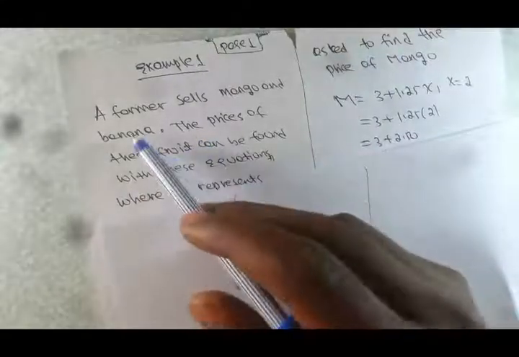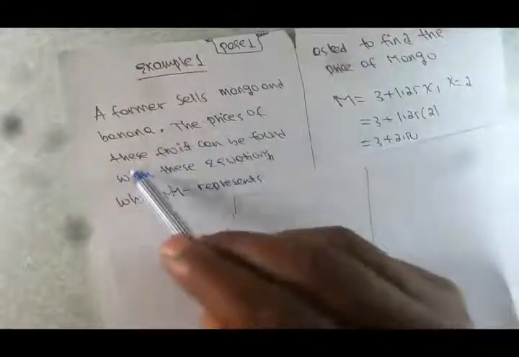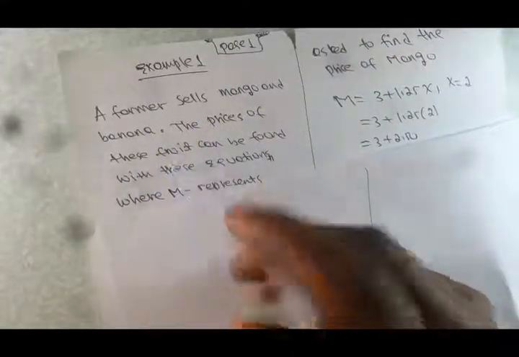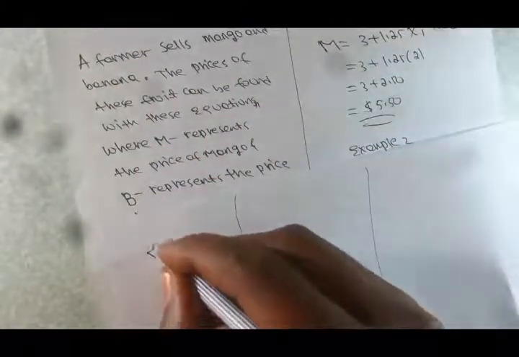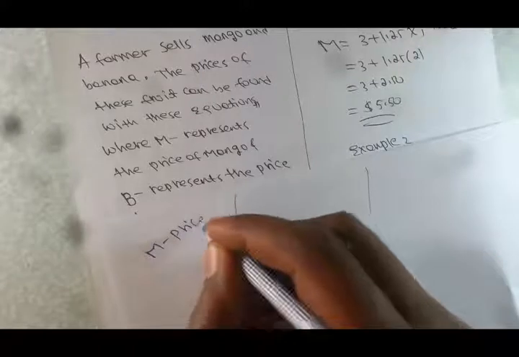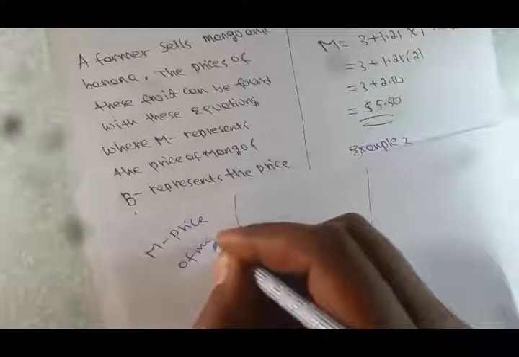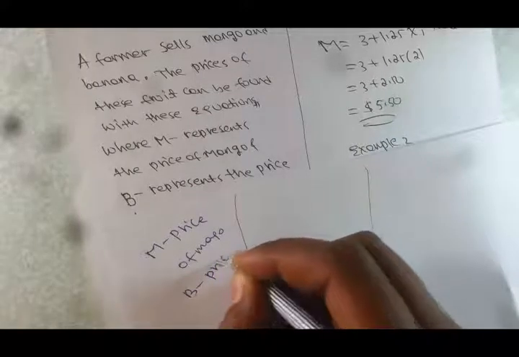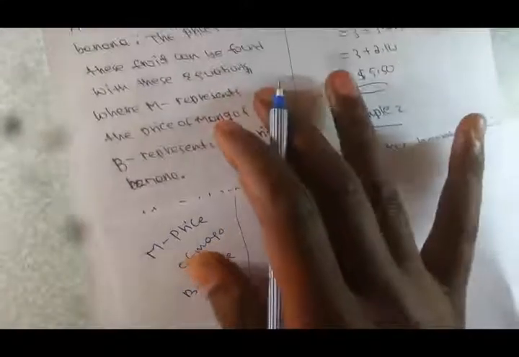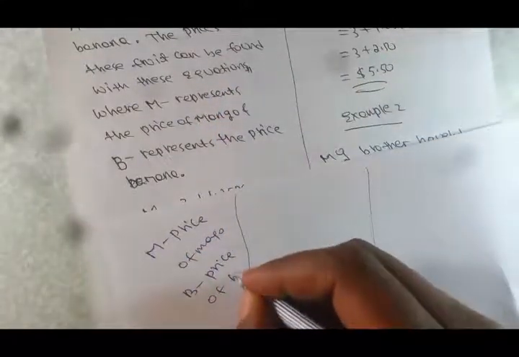And example 1 says that a farmer sells mango and banana. The price of these fruits can be found with these equations, where M means price of mango and B means price of banana.